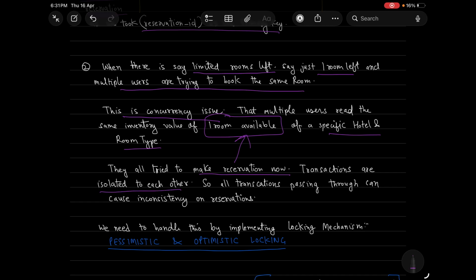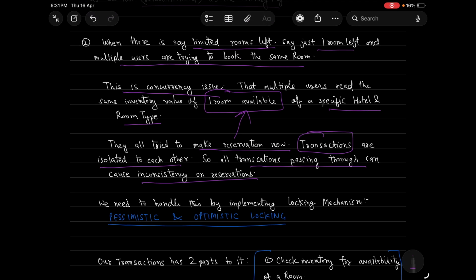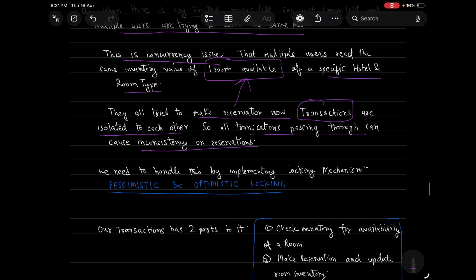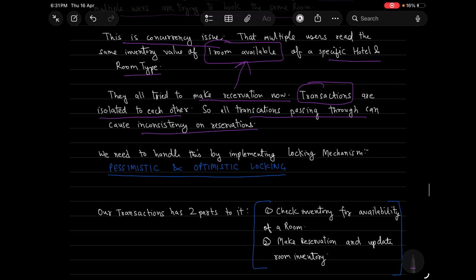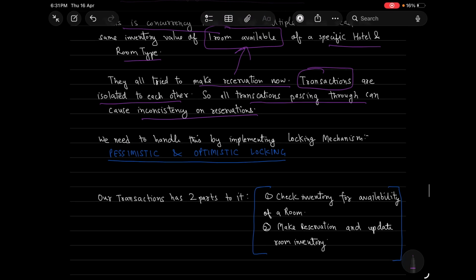Transactions are isolated from each other. As all the users read that only one room is available and made the reservation on that, each user will trigger an isolated transaction, and if not taken care of properly, these transactions can cause inconsistency, with all users ending up booking the same room even though inventory only had one room available.